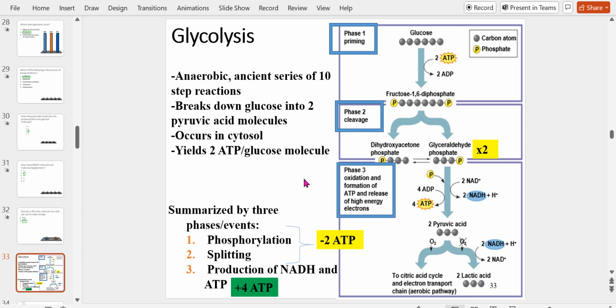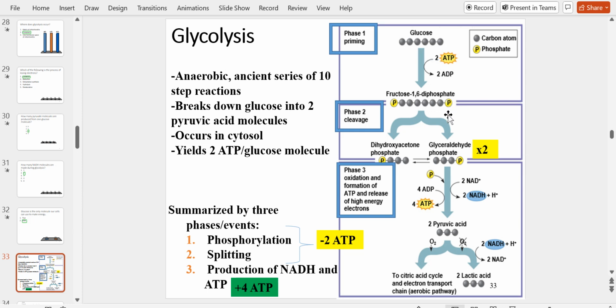All right. So you'll see here that when you're talking about glycolysis, there are 3 phases or events going on: phase 1, phase 2, and phase 3. You've got what we call phosphorylation, and then we've got splitting. So you take your 6-carbon glucose and you phosphorylate it.